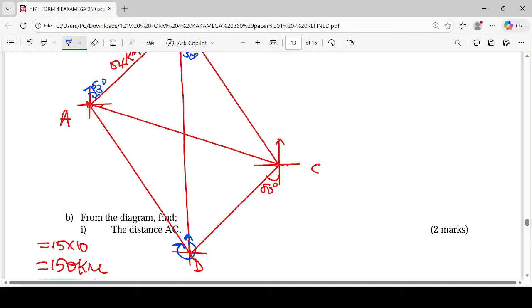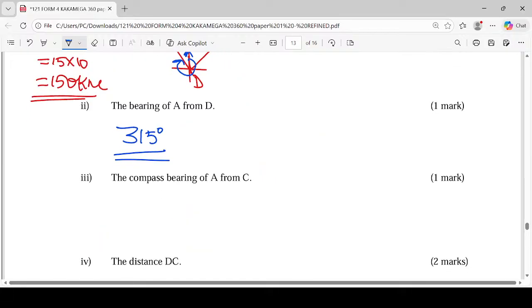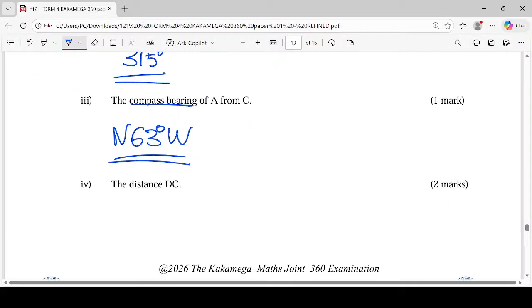So that is north 63 degrees west. They want the compass bearing, not the true bearing, or just any bearing. So the correct answer here should be north 63 degrees west.